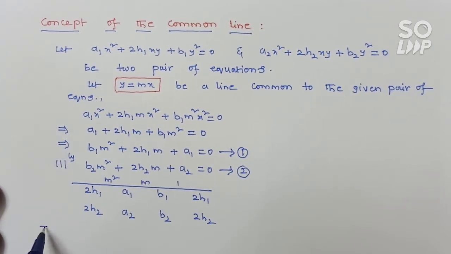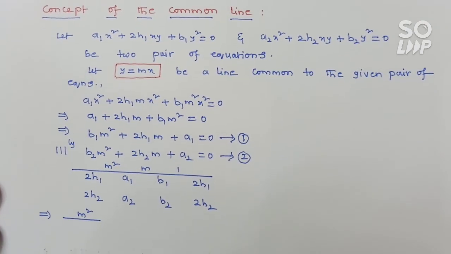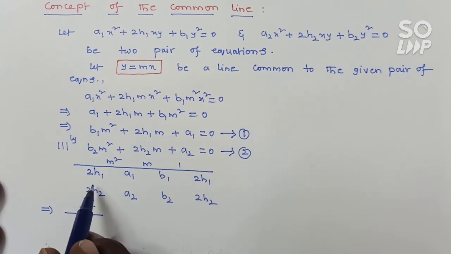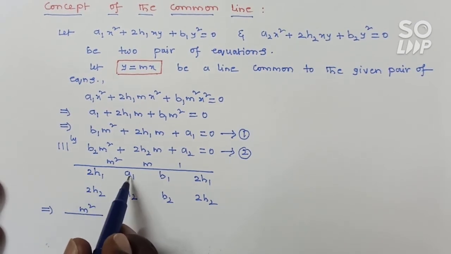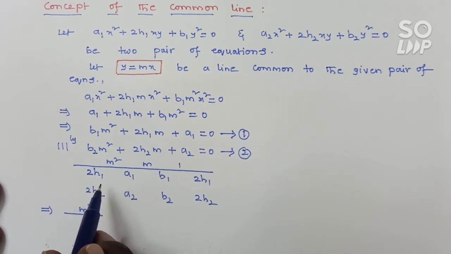Now by taking m square in the denominator, you take the first two columns and write the determinant of a 2 by 2 ordered matrix. This is A, B, C, D. Determinant of a 2 by 2 ordered matrix means AD minus BC.